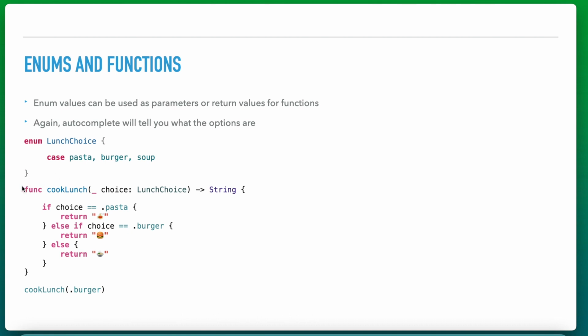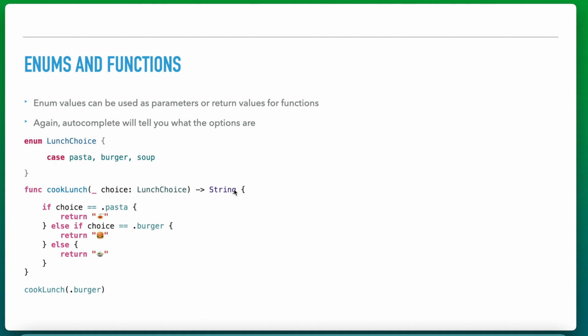And then immediately after, not inside but outside of our enumeration, we have the function cook lunch. Here we have a parameter for choice, and our choice's data type is lunch choice. So this is going to force us to choose one of these options: pasta, burger, or soup.